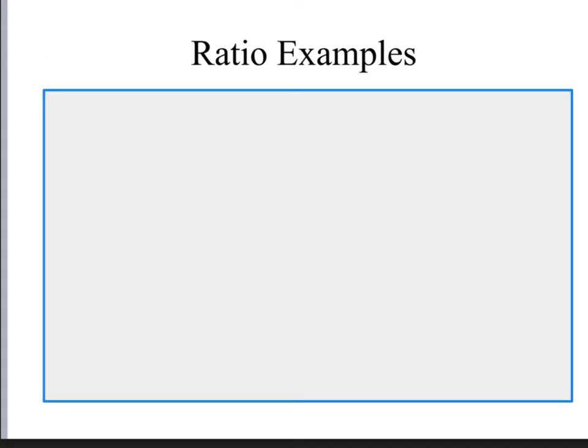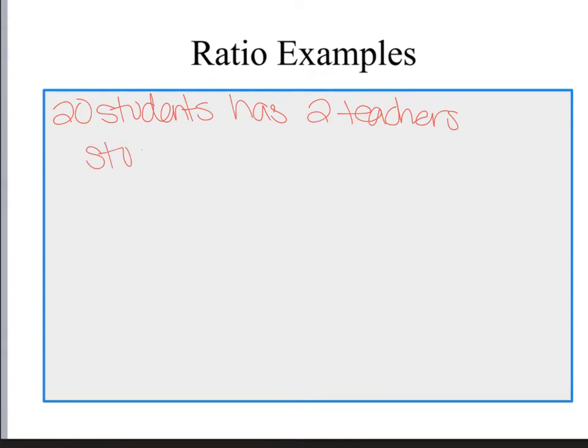So let's take a look at an example. If I have a kindergarten class of 20 students and it has 2 teachers, then what would be the ratio of students to teachers? So we are looking at students to teachers.